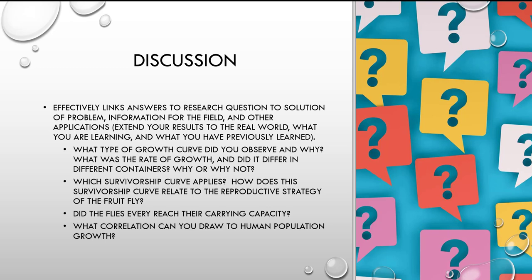Do you think our population will grow to a certain point and then crash? Have there been human civilizations in the past that have exhibited similar patterns as the fruit fly populations in the containers? So you can possibly relate these and find a correlation to human population growth.